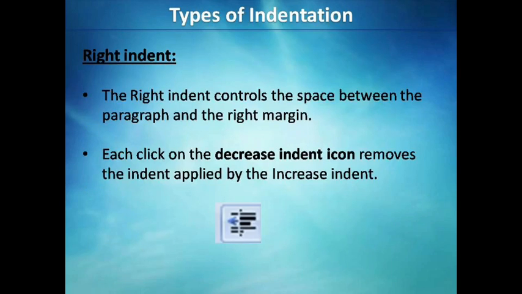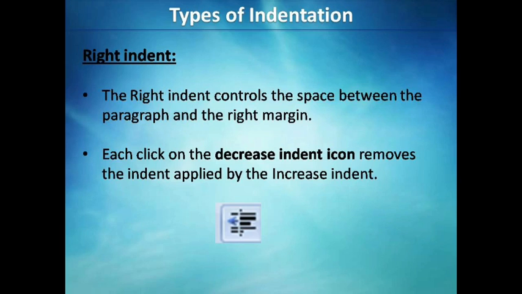Right indent is the second type of indentation. The right indent controls the space between the paragraph and the right margin. Each click on the decrease indent icon removes the indent applied by the increase indent. There are two indent icons available in the formatting toolbar. One is the increase indent icon, another one is the decrease indent icon.